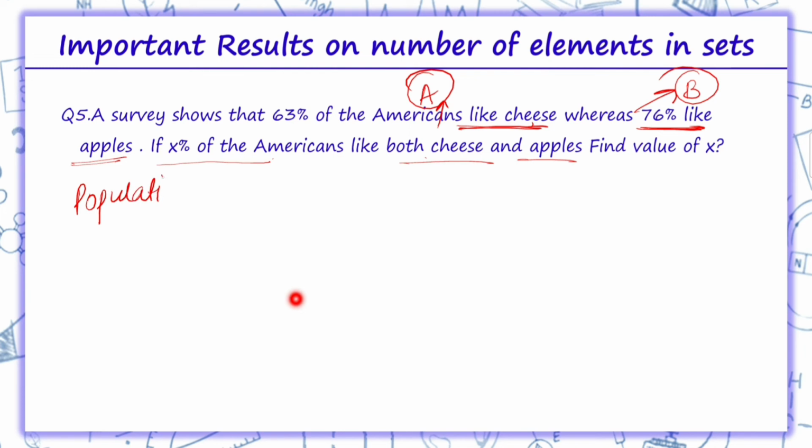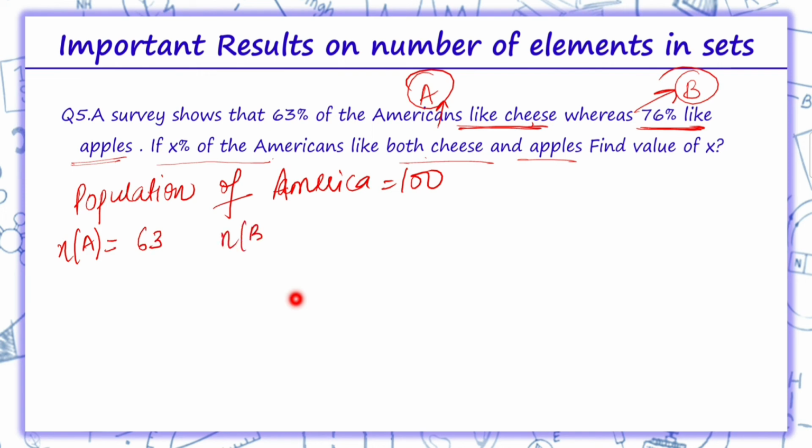So let's suppose, because it is in percentage form, the population of America be 100. So n(A) will be 63 and n(B) will be 76.